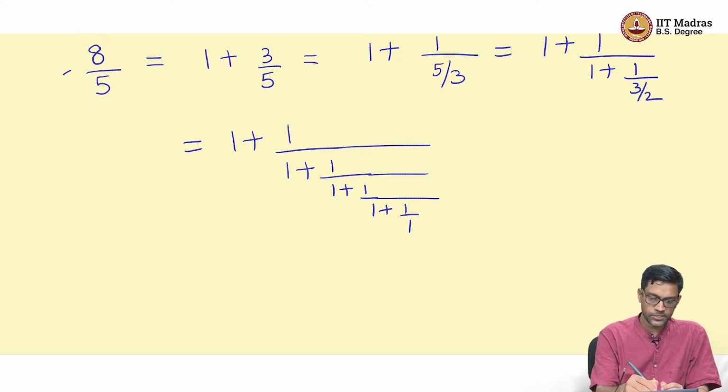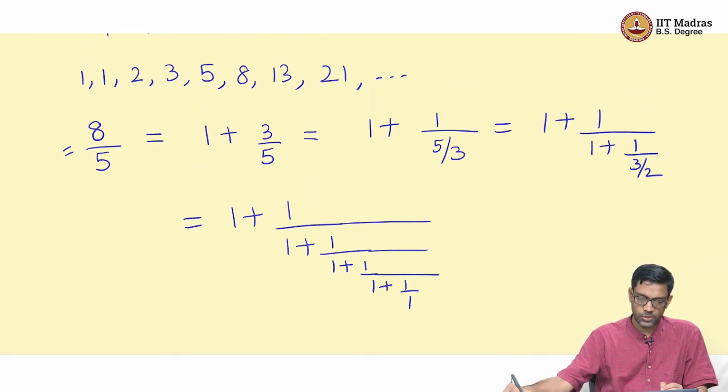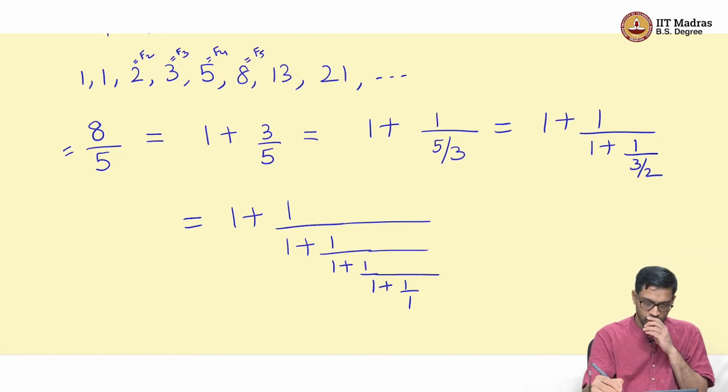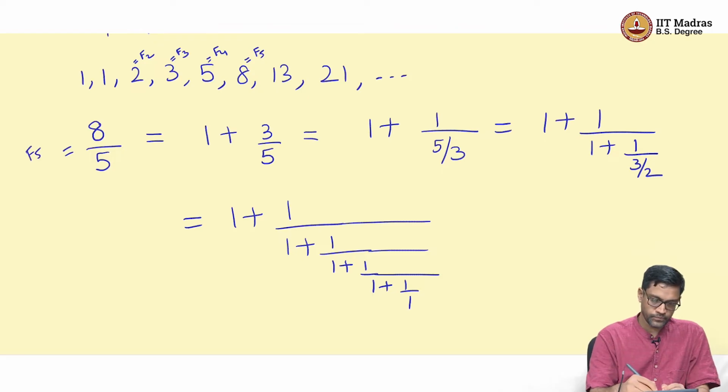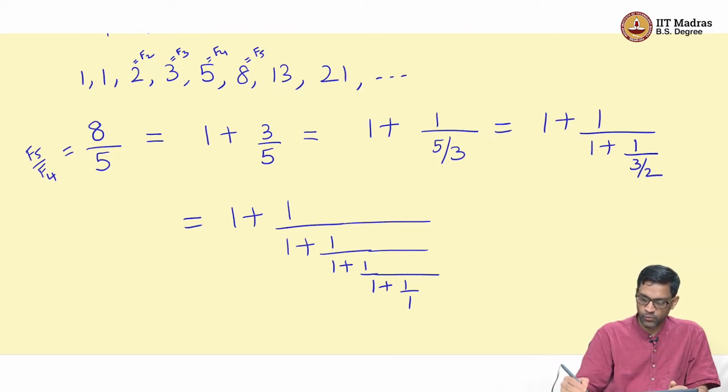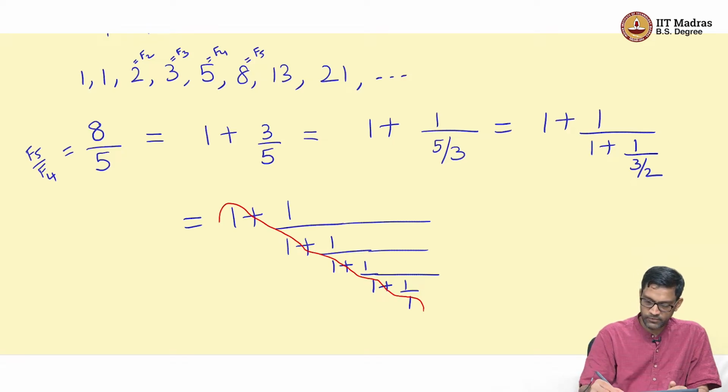The one we wrote out here was 2, which is f2, f3, that's f4 and f5. So this is really f5 over f4, and if you look at how many ones there are in this expression, you will notice that the ones that appear on the bottom, there are 5 of them.